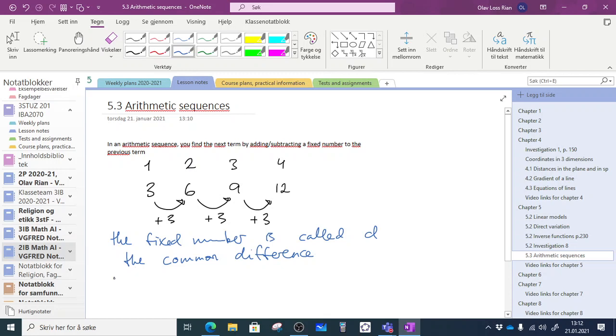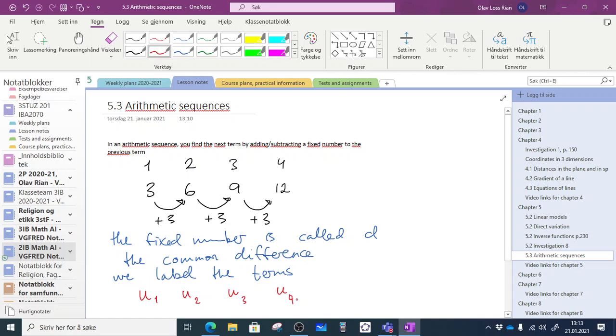And again, we label the terms with an index. So the first term is U1, second term is U2, third term is U3, fourth term is U4.